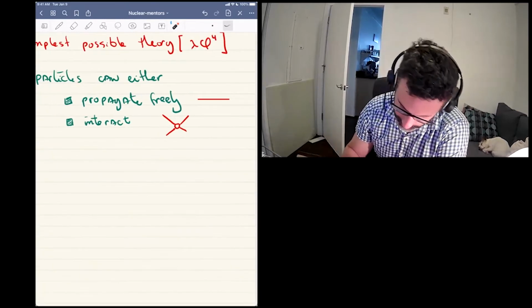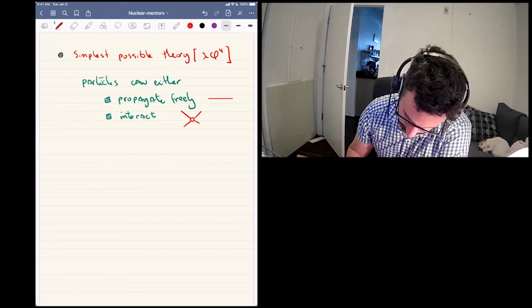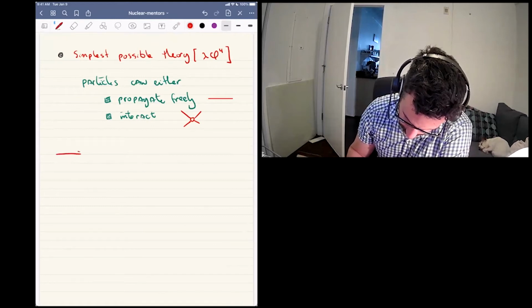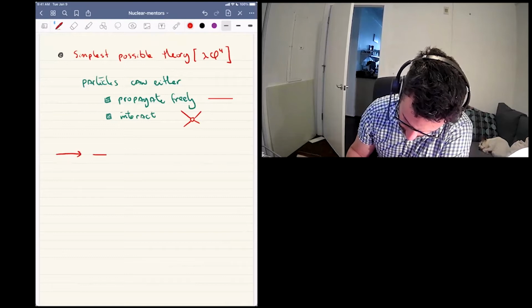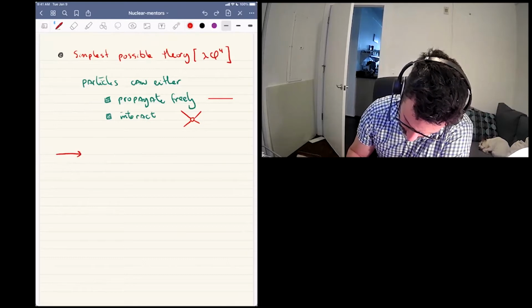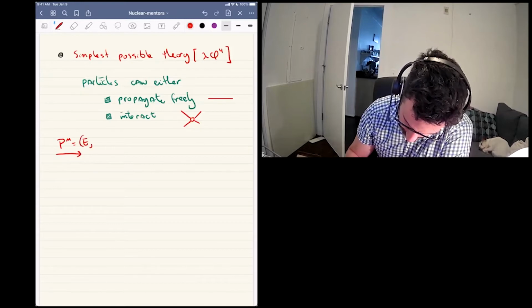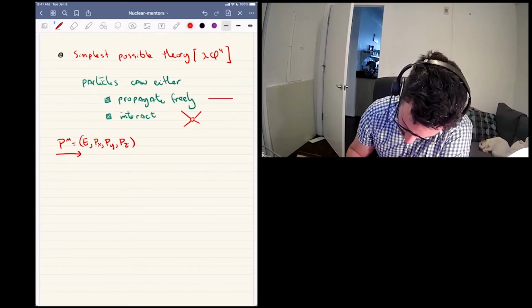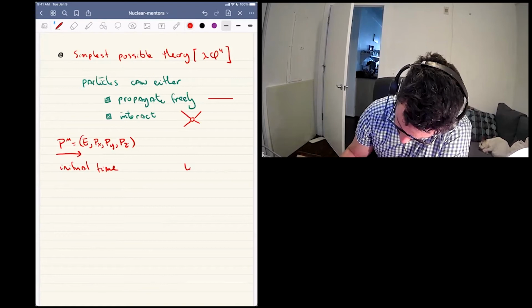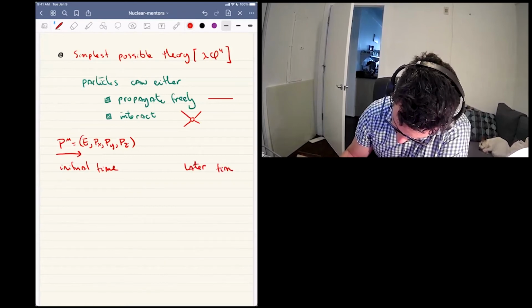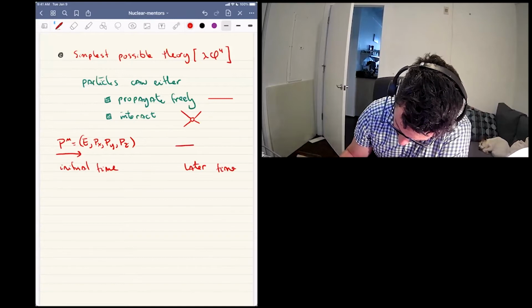So what can happen in this theory? Well, if I shoot a particle, it can just continue going and going. If I shoot it in at some initial time, carrying some momentum p mu, which is my symbol for energy and momentum along the x, the y, and the z, then at some later time it can keep on going.